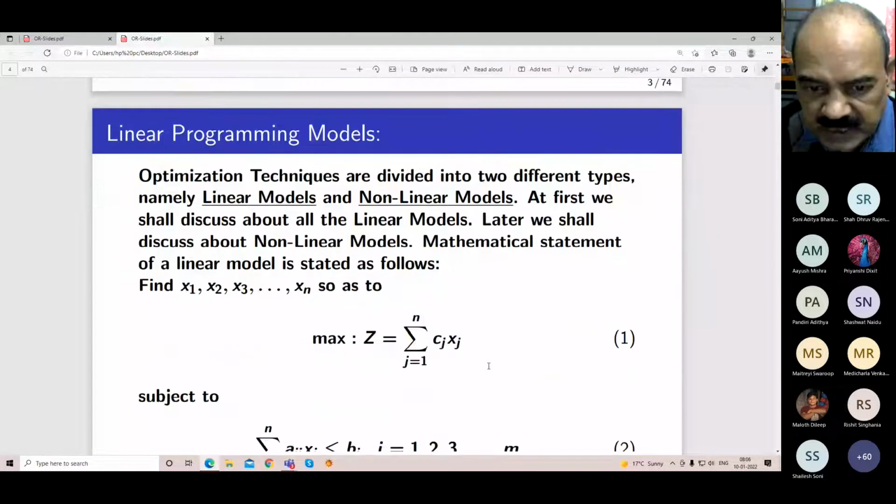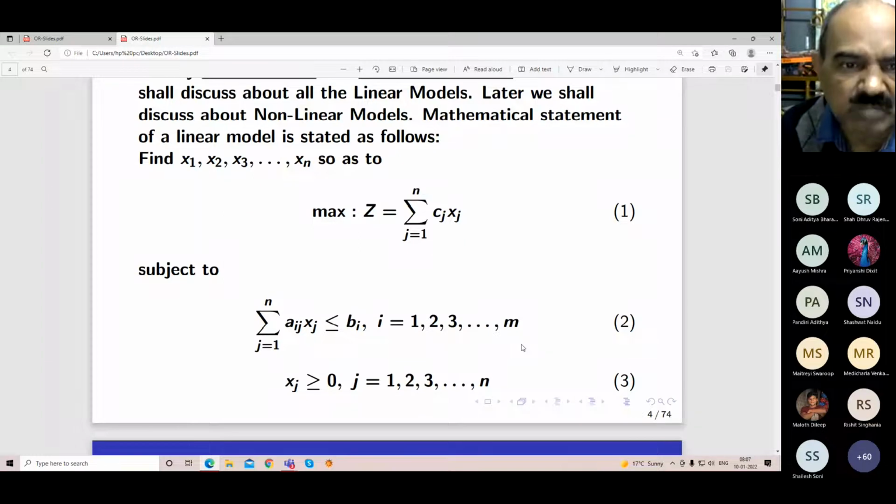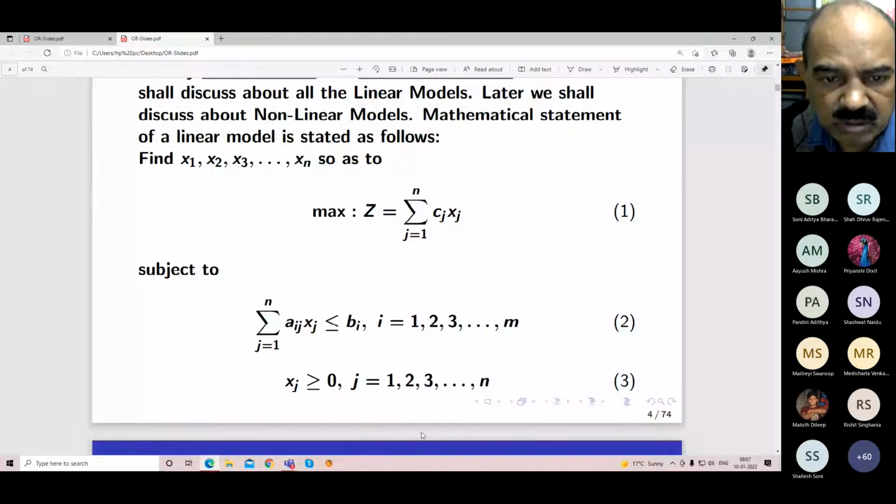The linear model statement is like this. Either you maximize or minimize. I am considering a mathematical model where we want to maximize maybe the profit, maybe the production, maybe the benefit, etc. Here Z is a linear function of x.